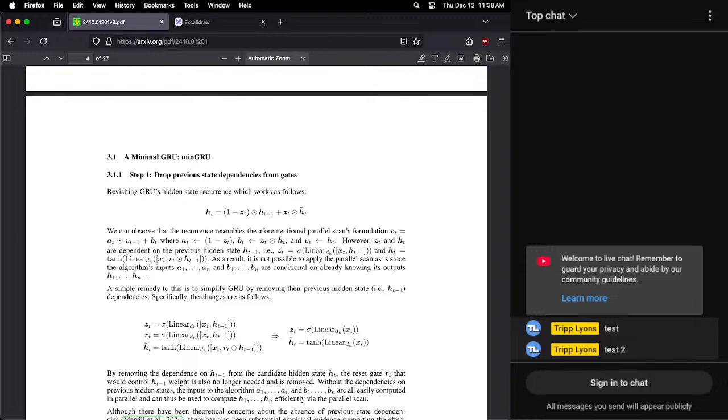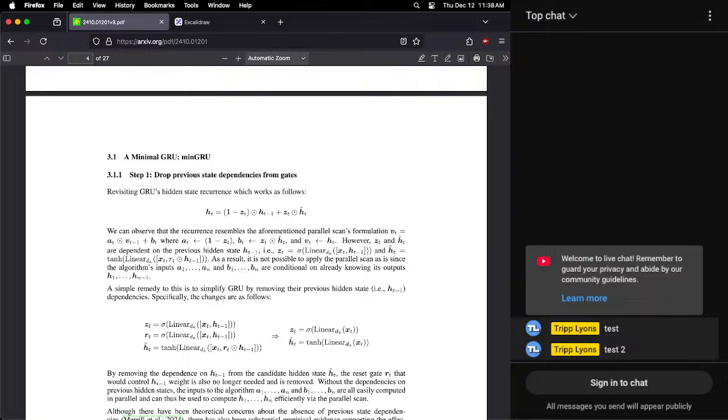Let me figure this out. This is an average because the weights here add up to 1. But what they do is they first do all the 1 minus z terms, to basically continually shrink this h.